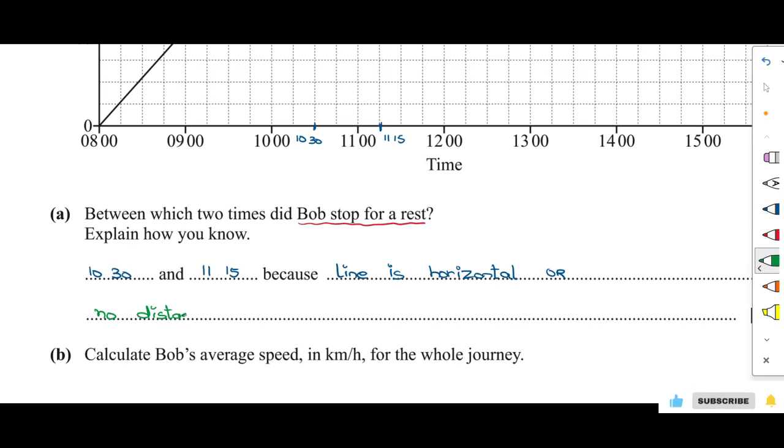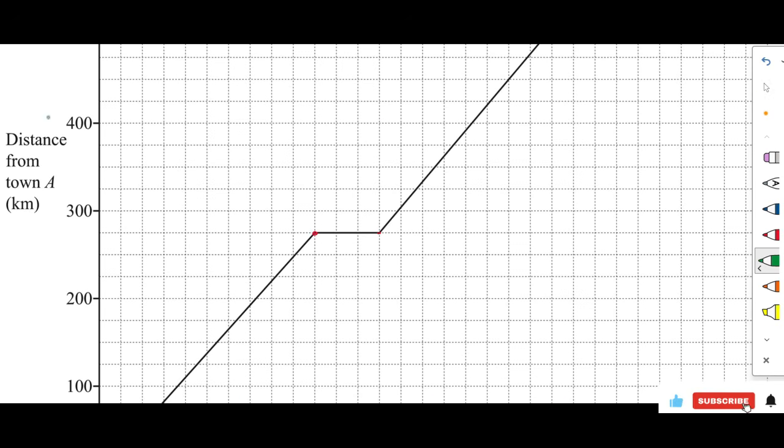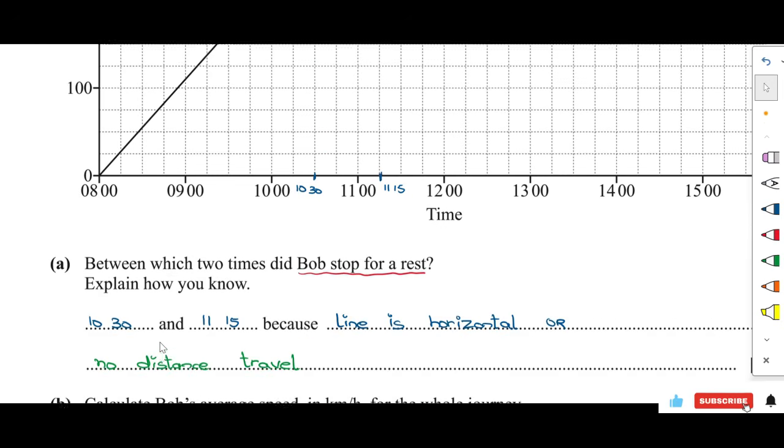You can see, this is your distance, right? So here the distance stays the same, there is no distance traveled here, right? So these are the two reasons, any reason you can give over here.